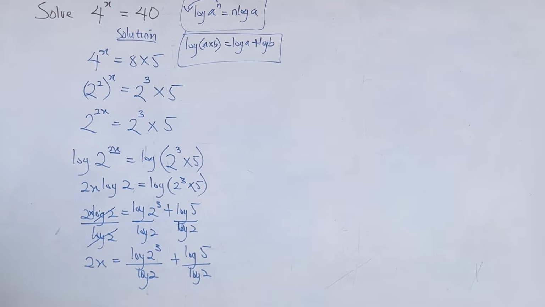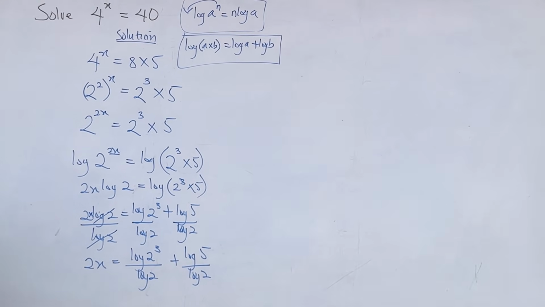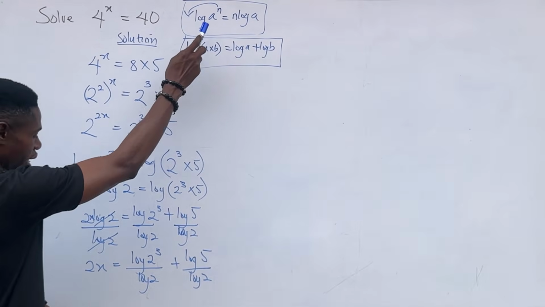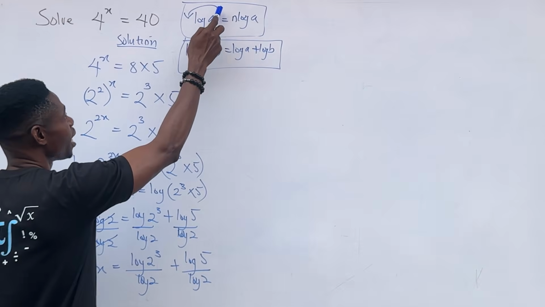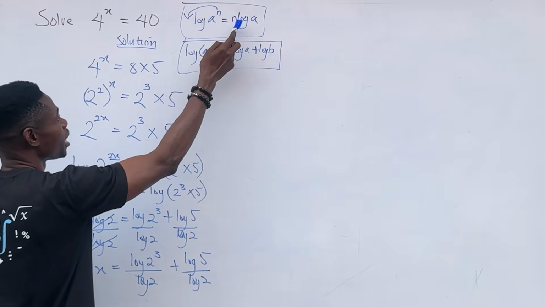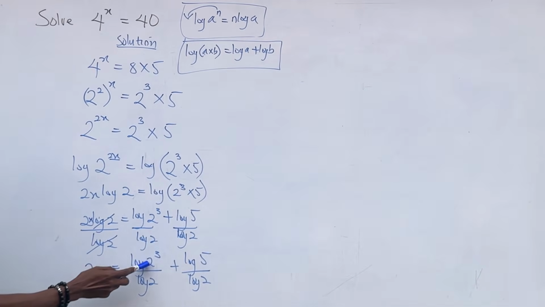Okay, so let's move up there. Now remember this law that we applied: this power 3, we can bring it down just like we did here. This n log a raised to the power n became n log a. So that's how log 2 raised to the power 3 will become 3 log 2.